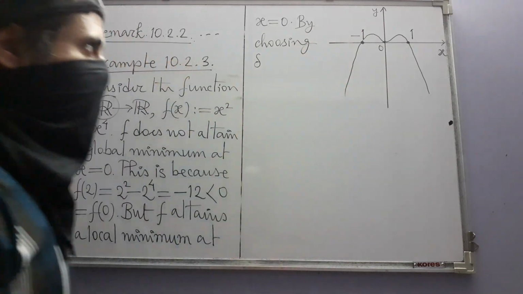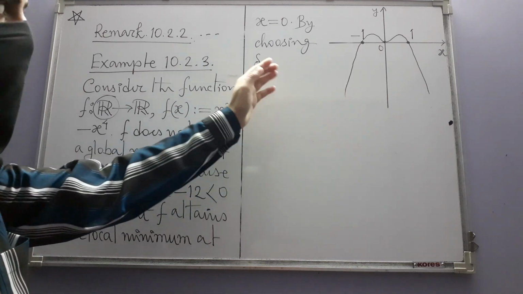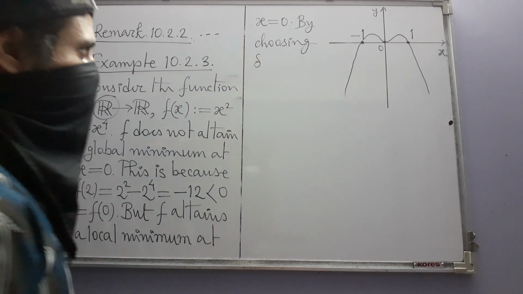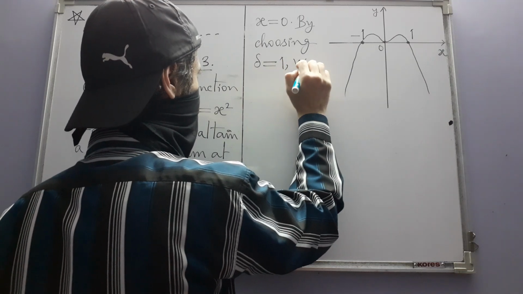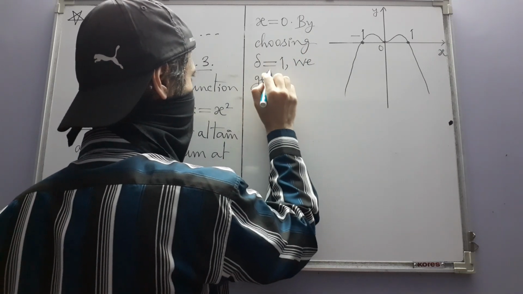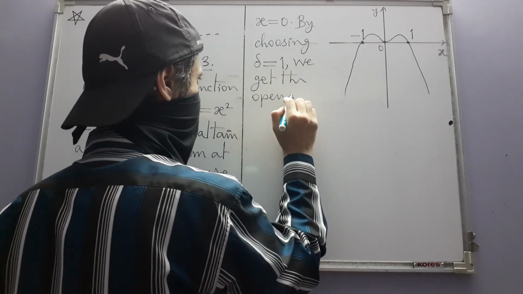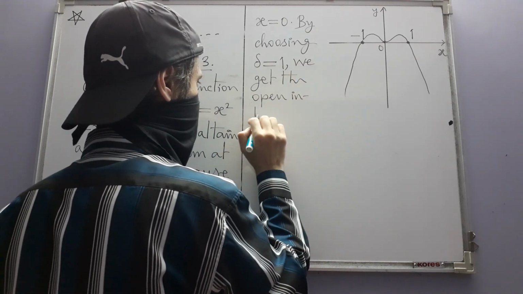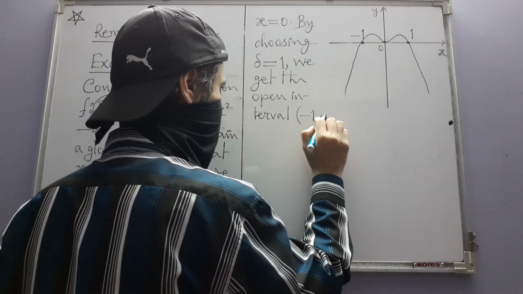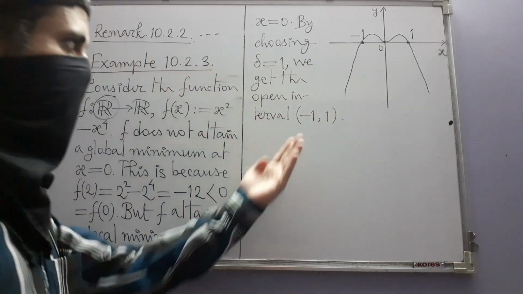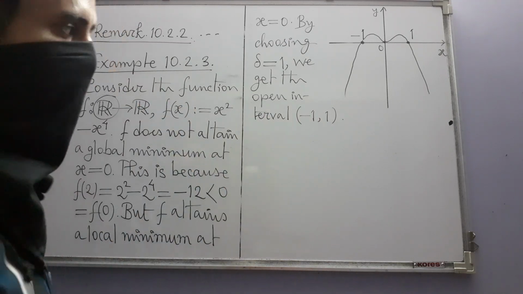alright, so in order to prove that the function has a local minimum at 0, we need to first of all choose a delta. Now if you choose delta equal to 1, we get the open interval minus 1 comma 1, which is just 0 minus delta comma 0 plus delta.